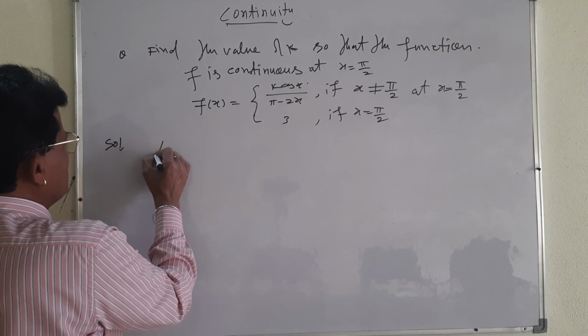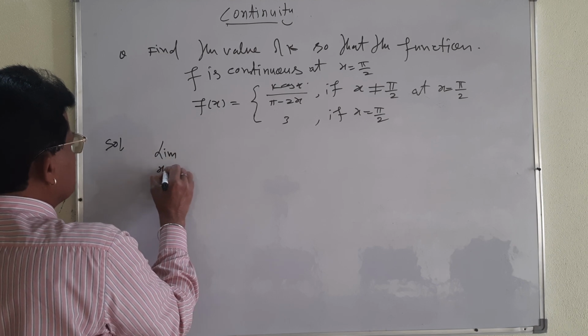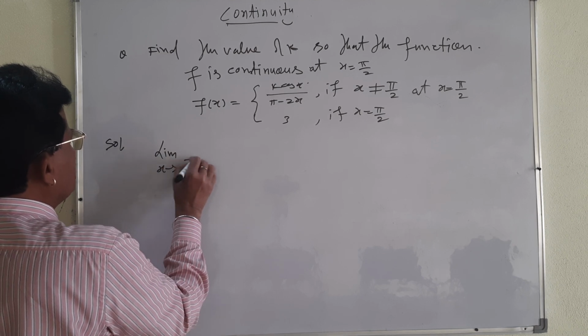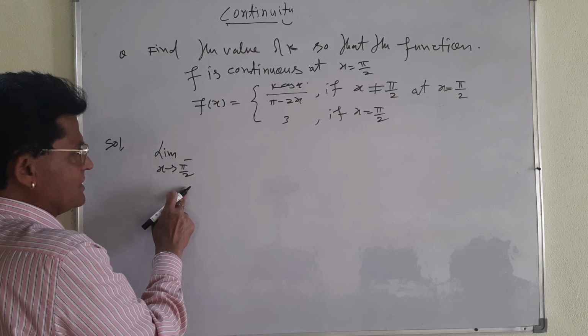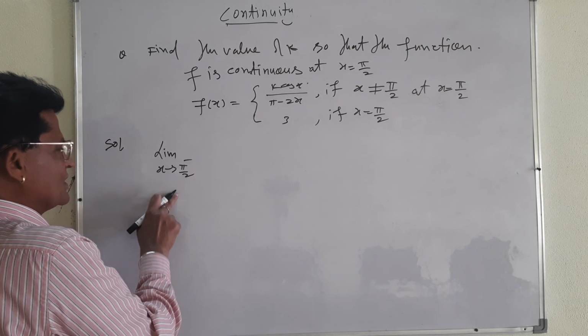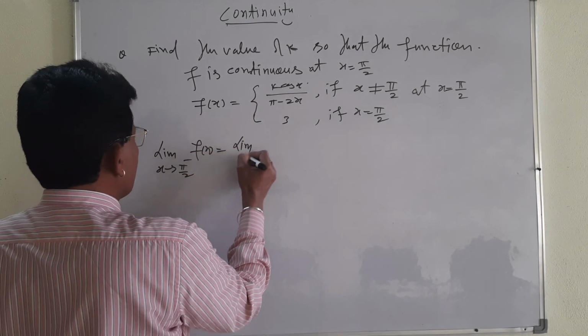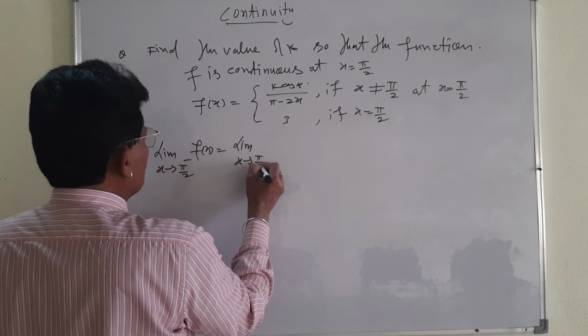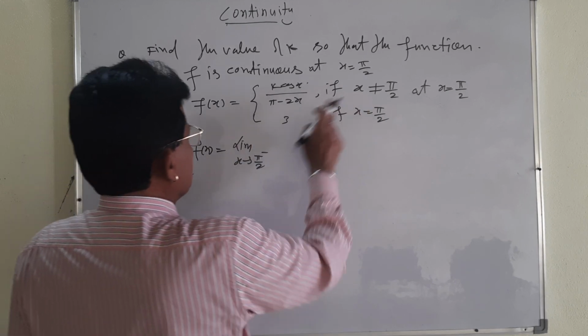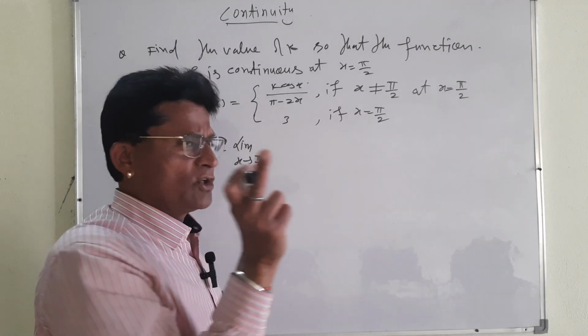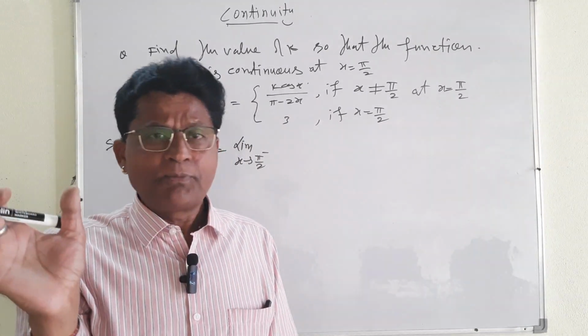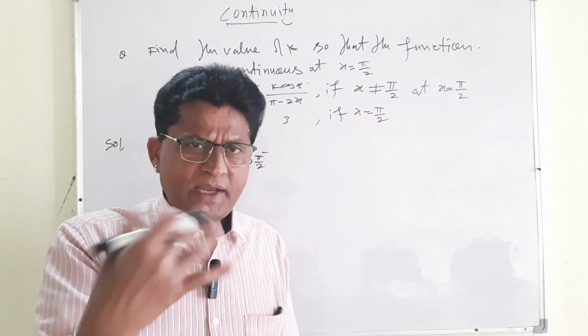Left hand limit, x tends to pi by 2 from the left hand side, the left hand part of pi by 2. This is the point, we are taking the left hand part of it. It will be limit x tends to pi by 2 from the left, and the function is what? If x is not equal to pi by 2, I already told you, there may be a slightly lesser value or a greater value.